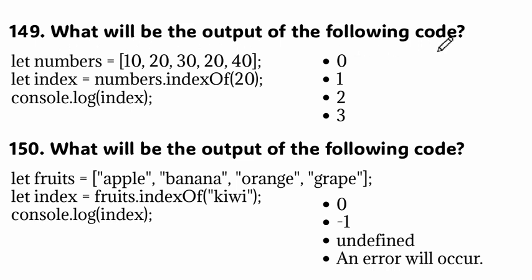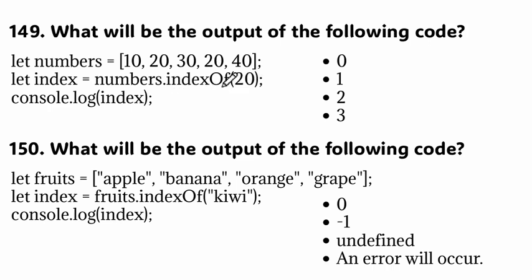What will be the output of the following code? Here you can see an array has been given with the name of numbers. There are five elements: 10, 20, 30, 20 and 40. I have used another variable with the name of index, and inside the index variable I have used the numbers array. Numbers dot indexOf operation is used to find out the element's index place.